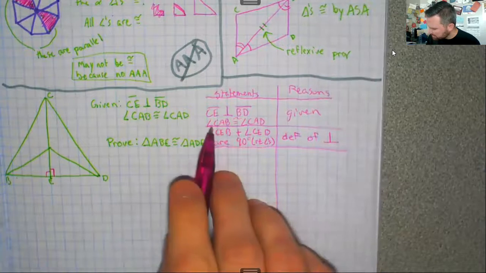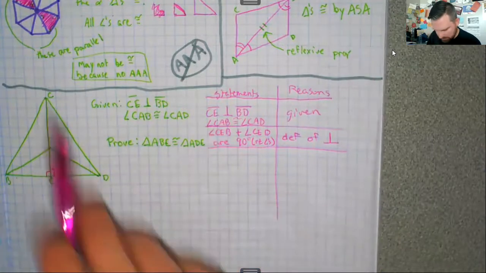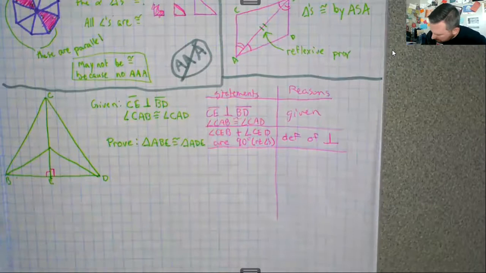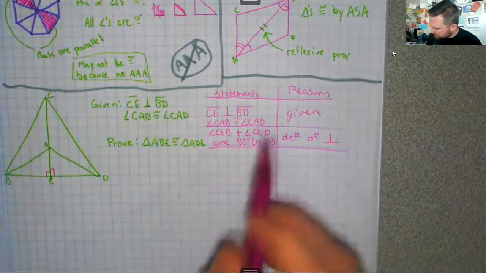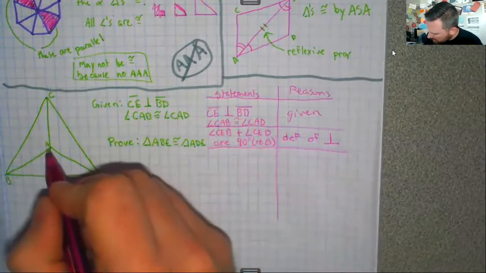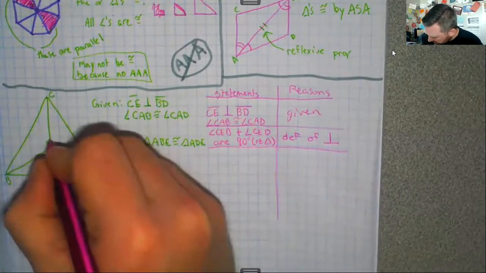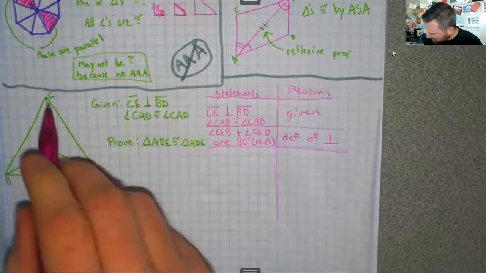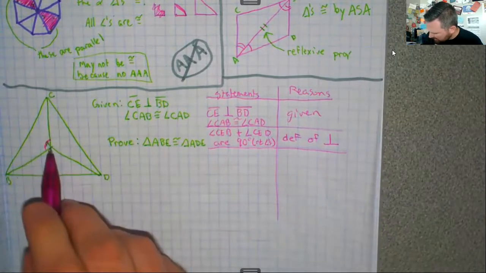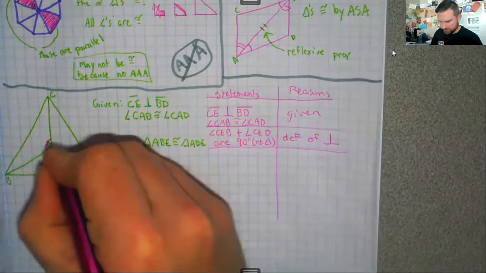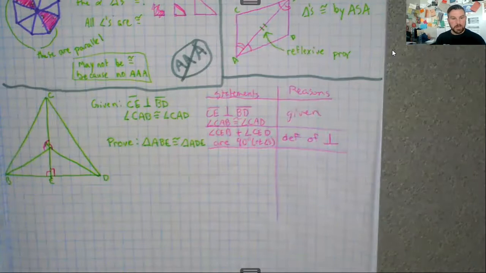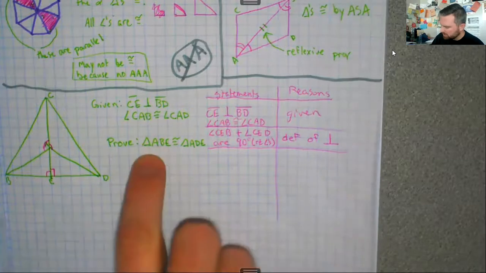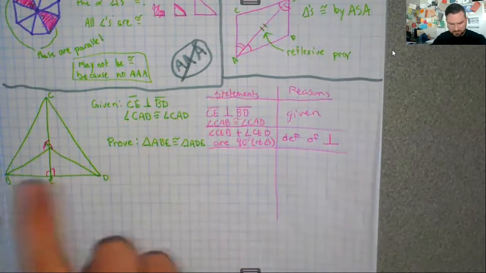Then we have angle CAB. Oh, I don't have A on there. A is right here. Angle CAB, this angle, is congruent to CAD, this angle. Okay. Now we kind of have to figure out where to go from here. And keep in mind that you're trying to prove triangle ABE.